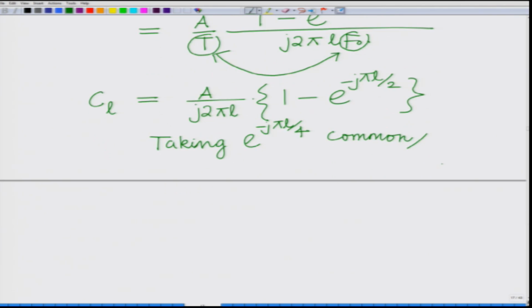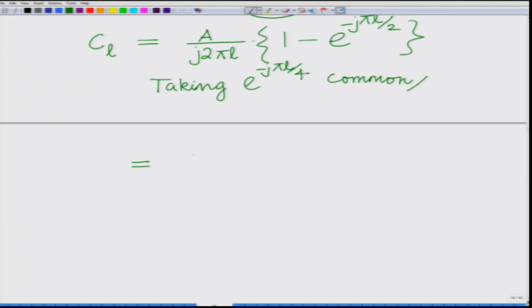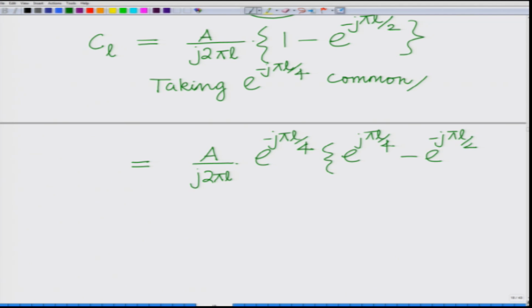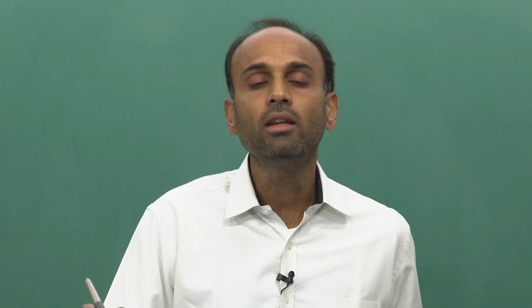what we have, this can be further simplified as A divided by j 2 pi L e to the power of minus j pi L by 4 times e to the power of j pi L by 4 minus e to the power of minus j pi L by 4, and you can see e to the power of j pi L by 4 minus e to the power of minus j pi L by 4 is nothing but 2j sin pi L by 4.